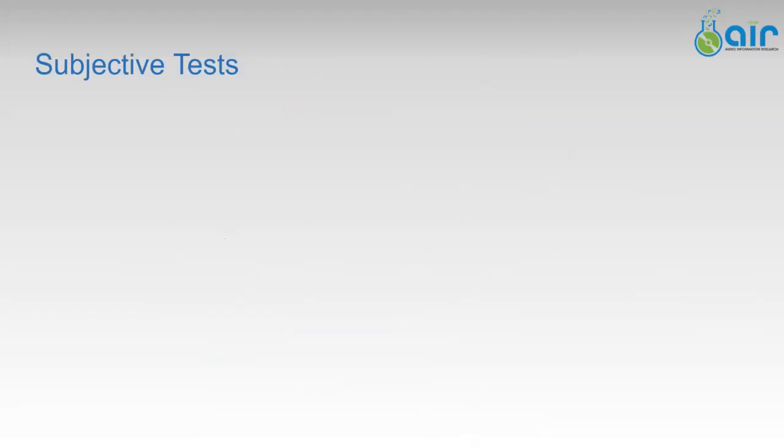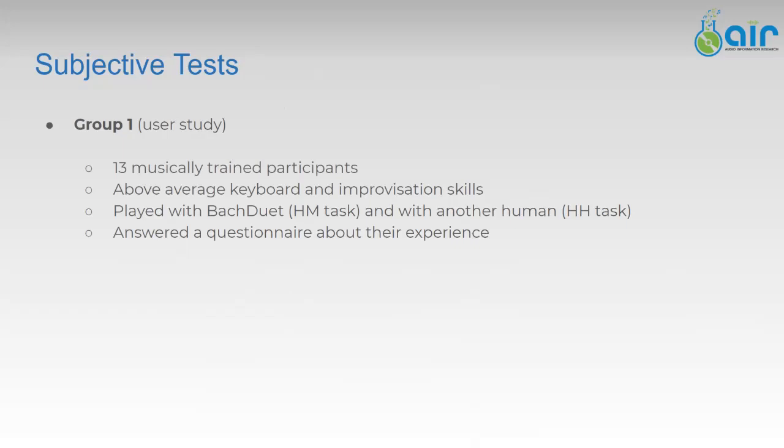One of the things we did in order to evaluate BachDuet was to perform subjective tests by recruiting two groups of people. The first group consisted of 13 musically trained participants, which had above-the-average keyboard and improvisation skills. They had to interact with BachDuet in a human versus machine task and with another human in a human versus human task.